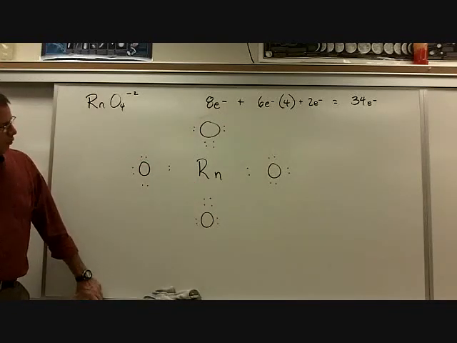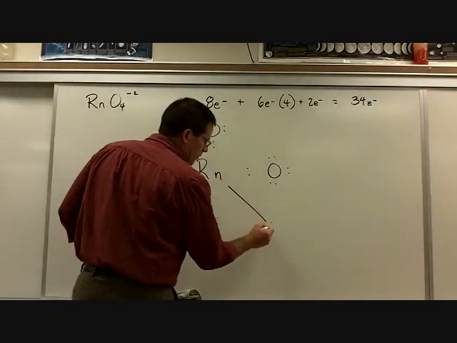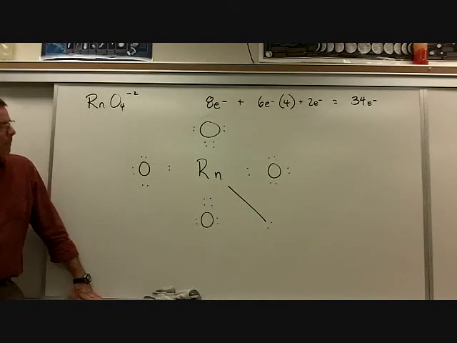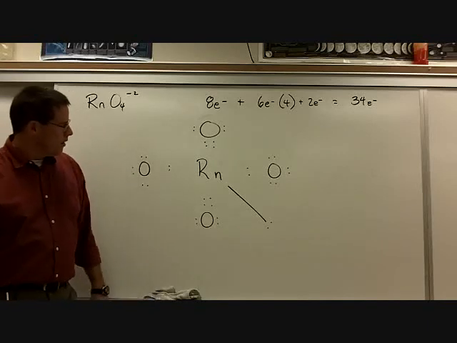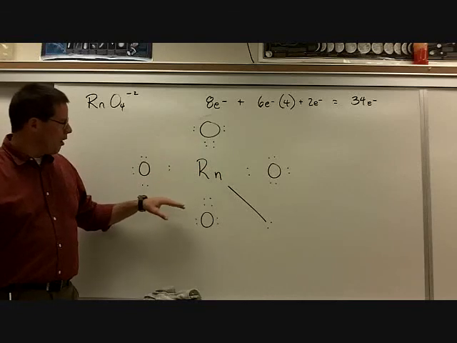How many electrons do I have shown so far? 32, right? Okay. So whatever's left, add it to the central atom. All right, so let's do formal charge calculation. We already know what oxygen's -1 and 0.